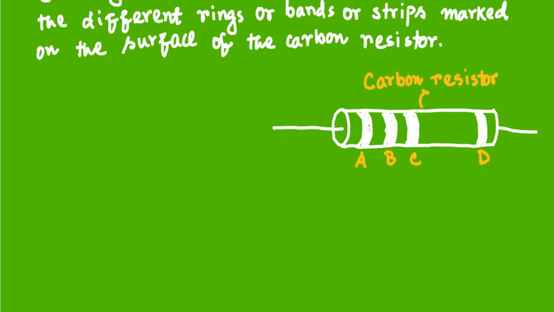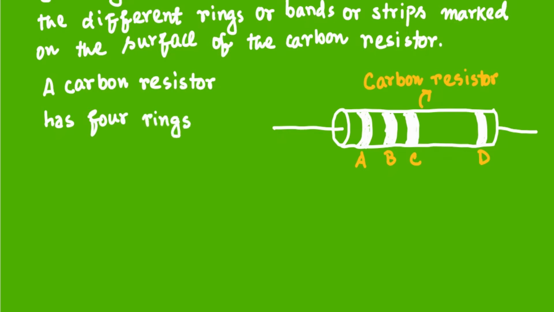These four strips are different colors. This is a diagram of a carbon resistor. A carbon resistor has four color strips or four colored rings.